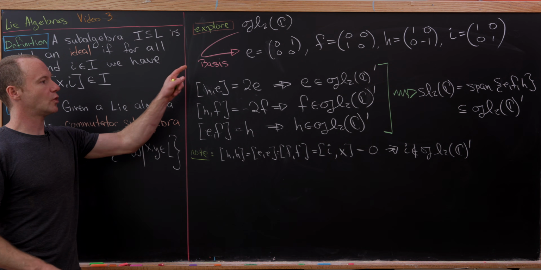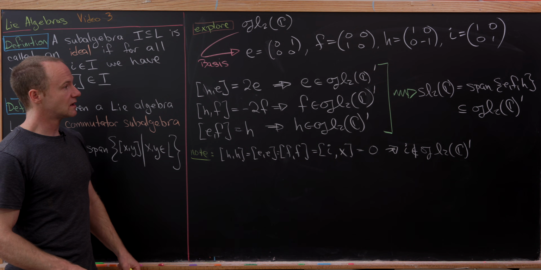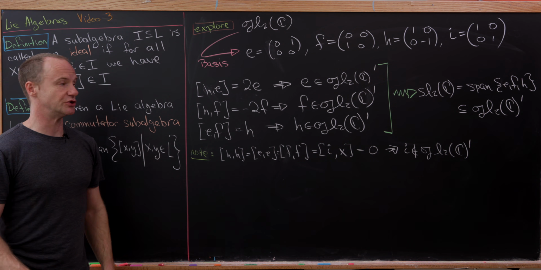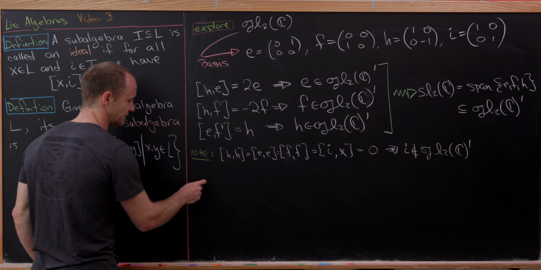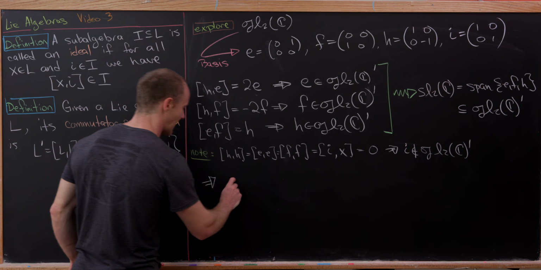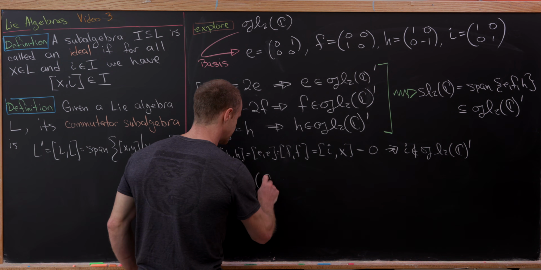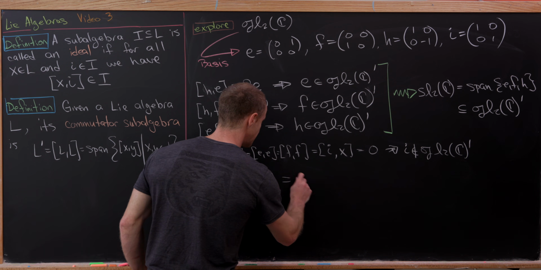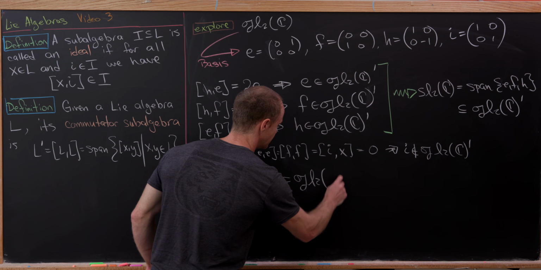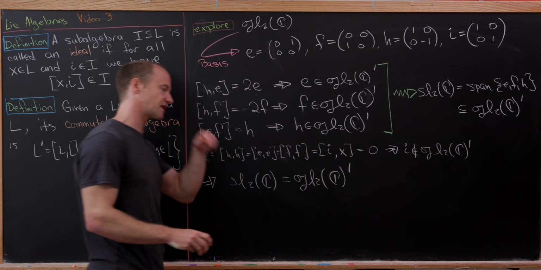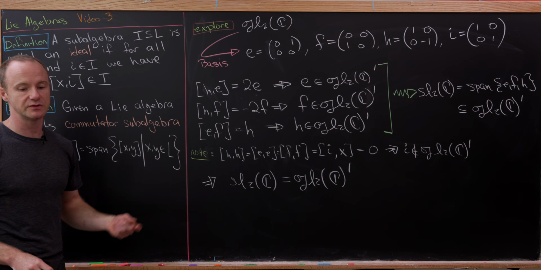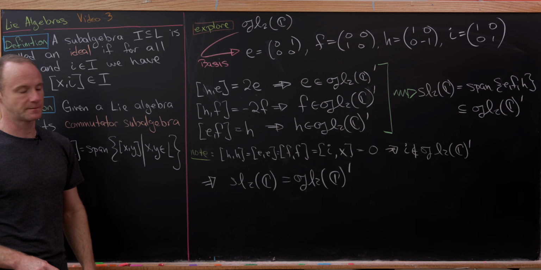But I was the only thing missing apart from SL2 inside of the commutator subalgebra of GL2. So that means that, in fact, SL2C is equal to GL2C prime. In other words, the commutator subalgebra of GL2 is SL2.